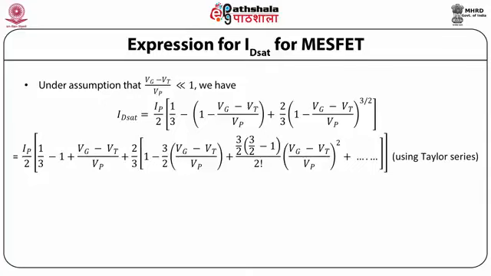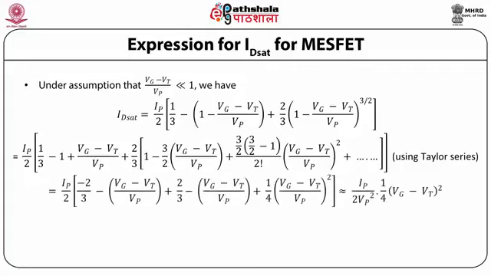So using Taylor series expansion and doing the simplification, we get ID saturation approximately equal to IP by 2 Vp square multiplied by 1 by 4 (Vg minus Vt) the whole square.